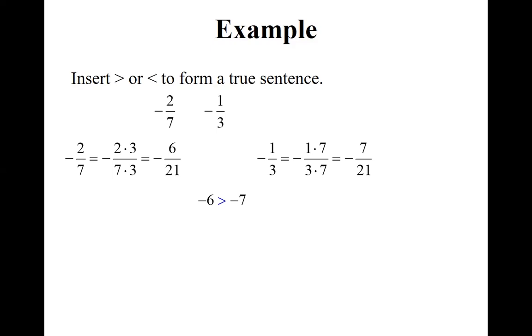That's what I was saying. Things work a little weird. 6 is less than 7, but -6 is greater than -7. Which means that -6/21 is greater than -7/21, which means that -2/7 is greater than -1/3.